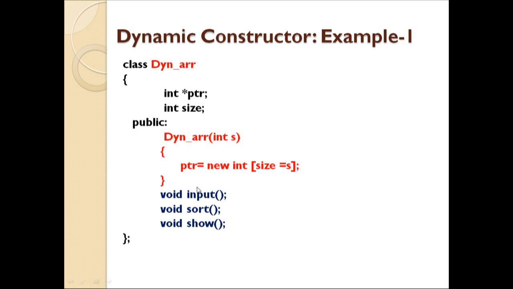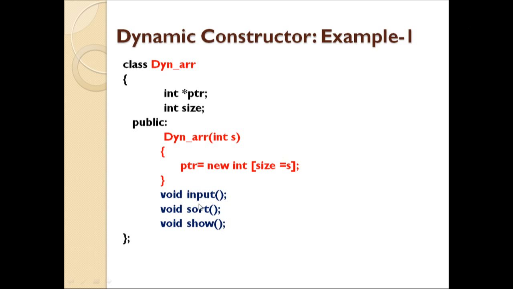Thereafter, we have given three methods. One is input. The purpose of this input function is to accept the input elements. Then sort, we will utilize this method in order to sort the data members in ascending or descending order. And finally, we want to display the elements which we accept and sort, so in order to display the elements, we will use this void show method.